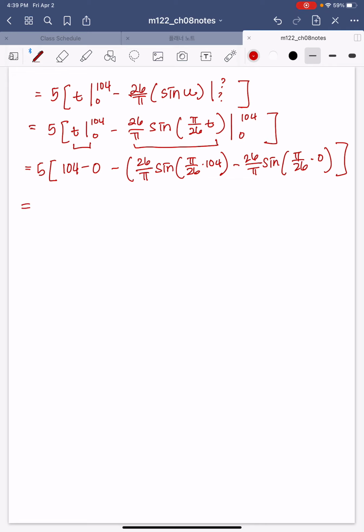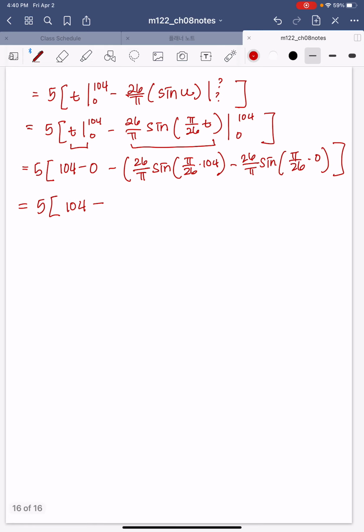Let's keep going. So I have 5 times 104 minus... Now 26 can be reduced with 104 4 times. So I have minus 26 over pi sine of 4 pi minus 26 over pi sine of 0.